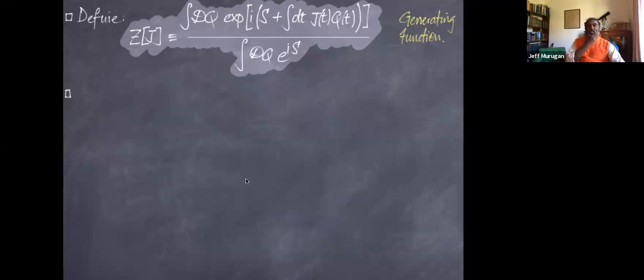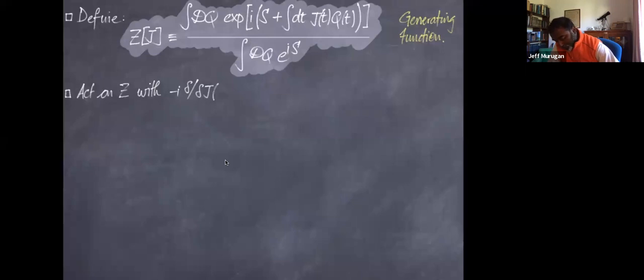So how is it the generating function? Well, let's see how this is related to correlators. I want to start by acting on Z with a derivative. In fact, the derivative I'm going to act with is a functional derivative, because I'm differentiating with respect to a function J, and I'm going to differentiate with respect to J at t1.